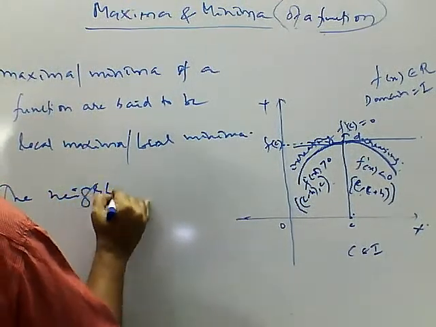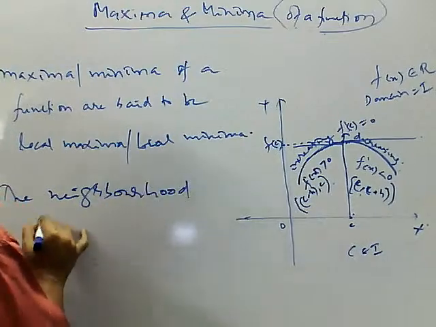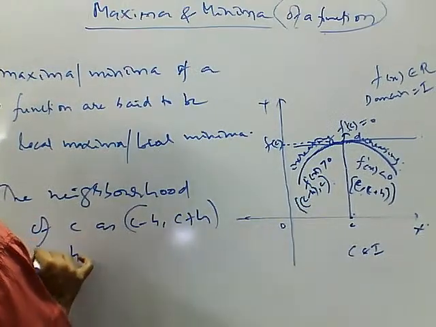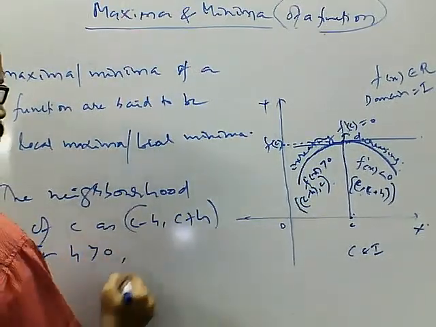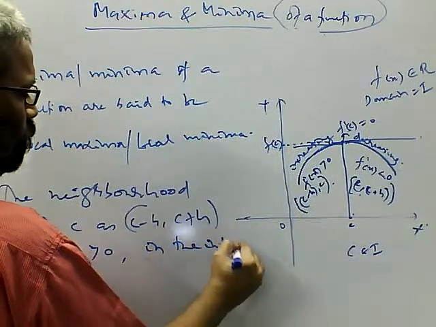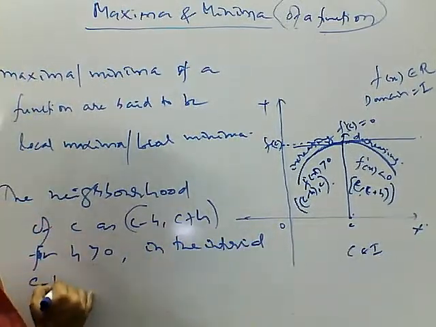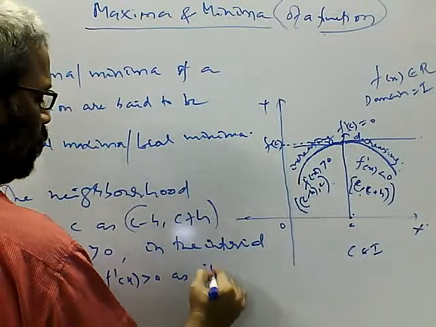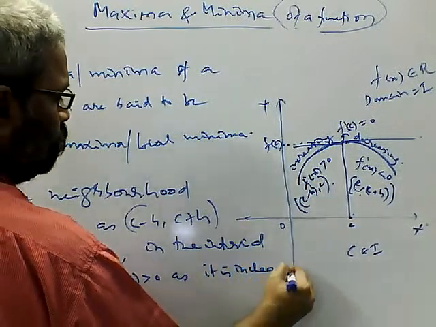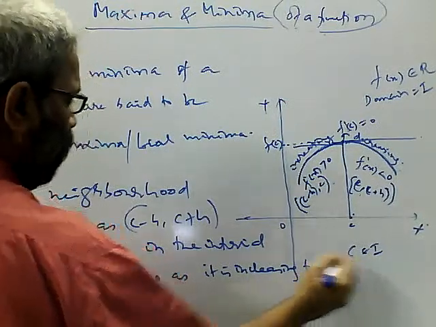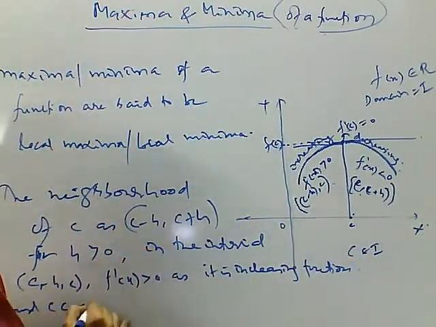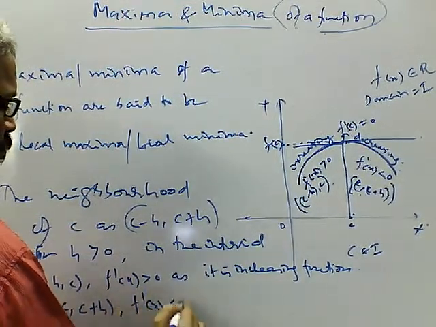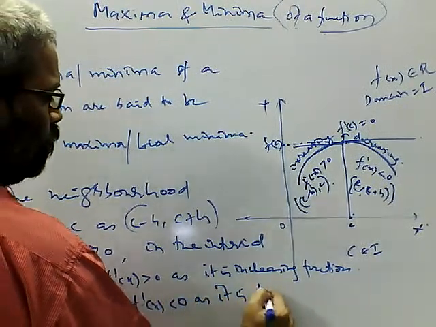This is the neighborhood of C, as C minus h to C plus h, for h greater than 0. In the interval C minus h to C, f dash x is greater than 0, as it is increasing. In the interval C to C plus h, f dash x is less than 0, as it is a decreasing function.